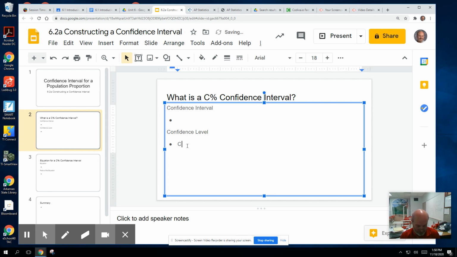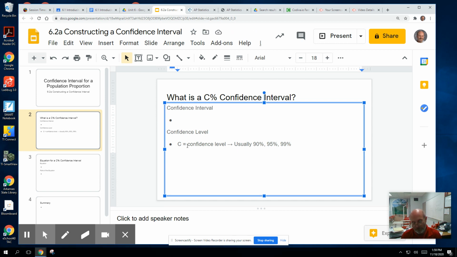This is the C. This is usually going to be a 90%, 95%, or a 99%. But we could do it with any confidence level between 0 and 100%.